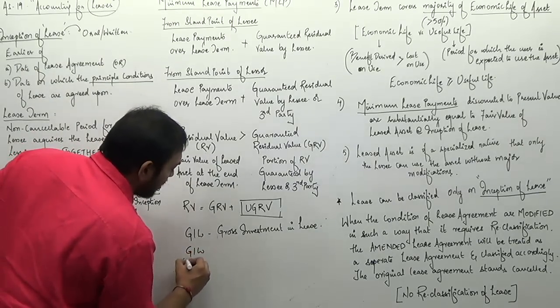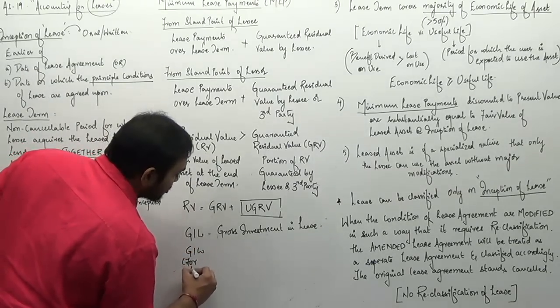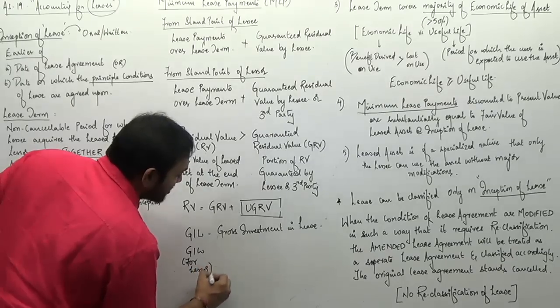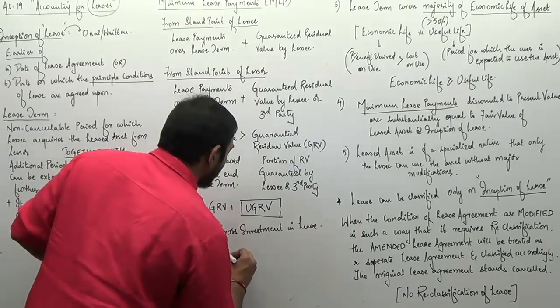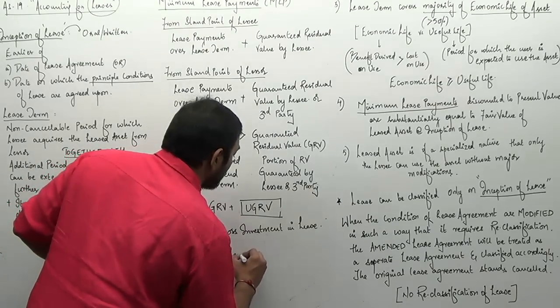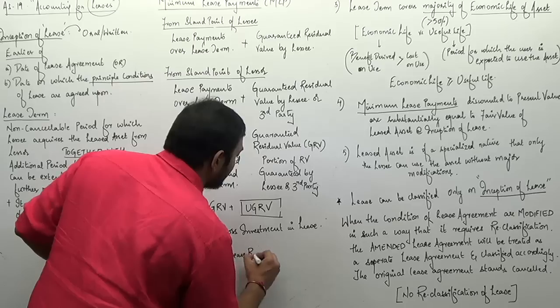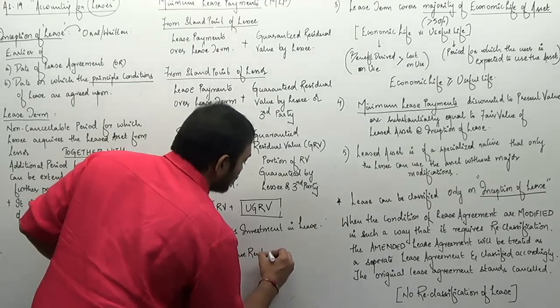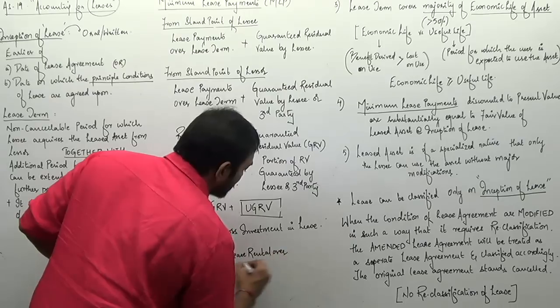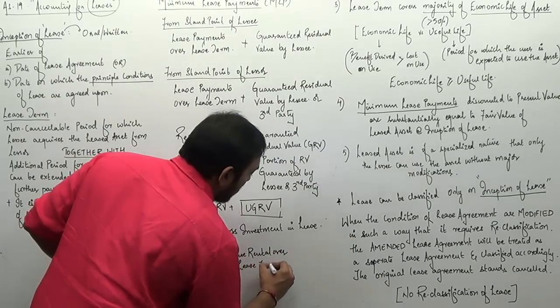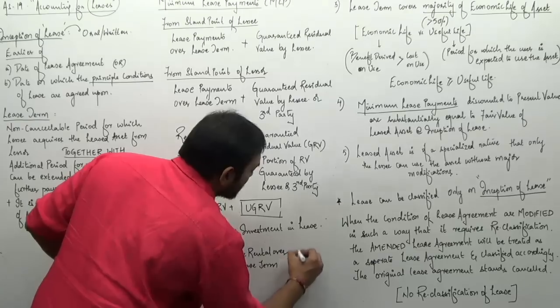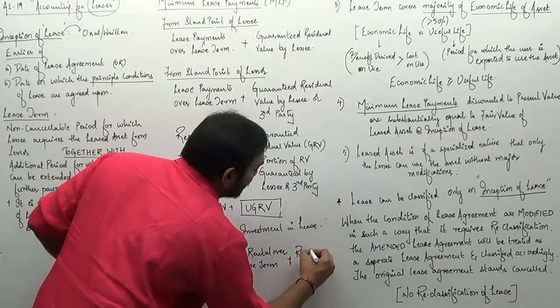So GIL is always for the lessor, and my GIL can be given as lease rental over lease term plus residual value.